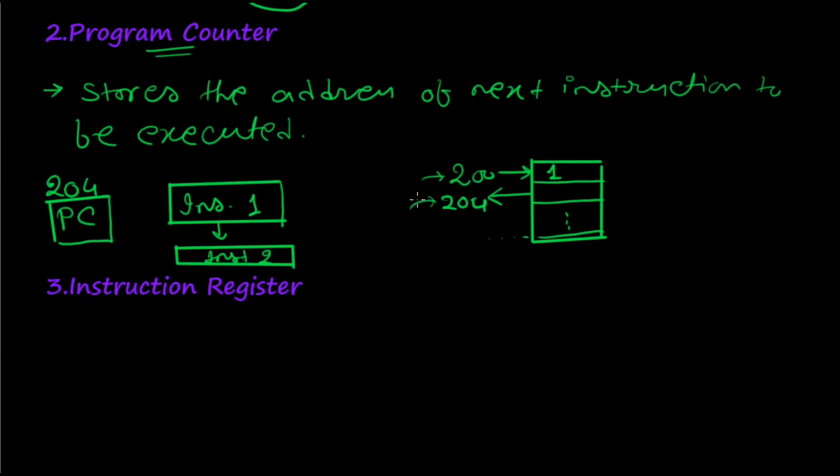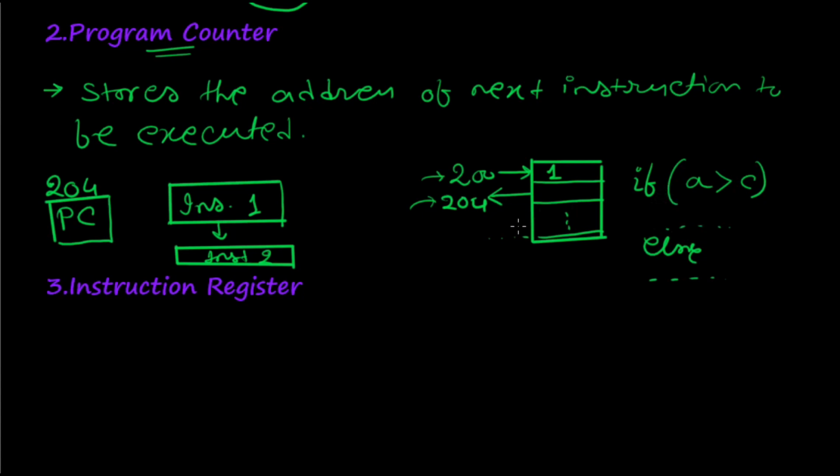Now a special case may arise. Suppose you have done C programming. In C programming, if you write: if A is greater than C, then do this, else do this. When the ALU checks that A is greater than C and suppose it is true, then this kind of if condition is like a jump condition.